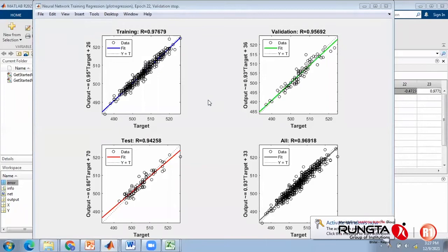We have covered every single facet associated with this. I told you each and every single aspect: if you would like to improve, in which way can you improve? What are the dynamic terminologies associated with improving the overall neural network?